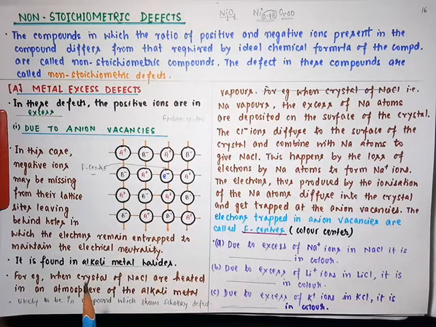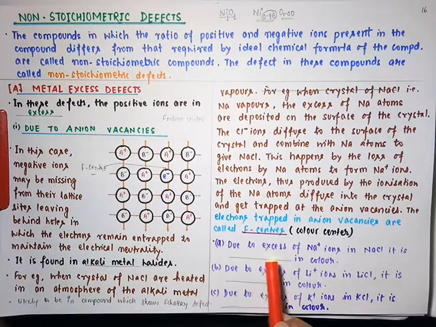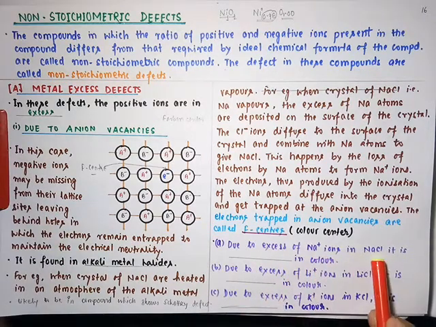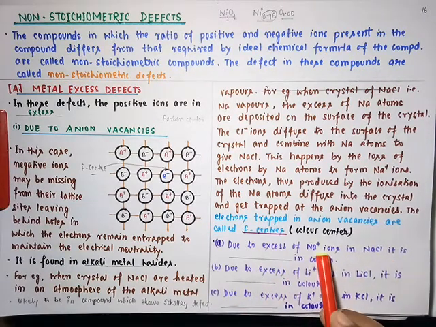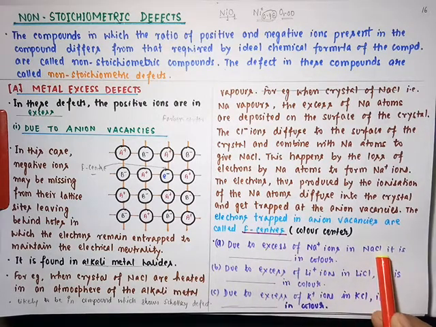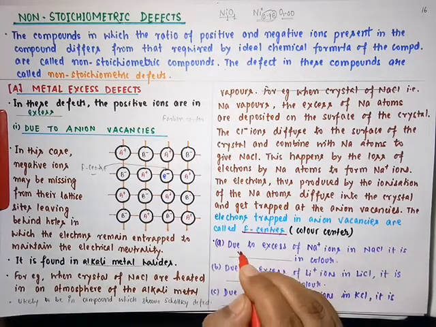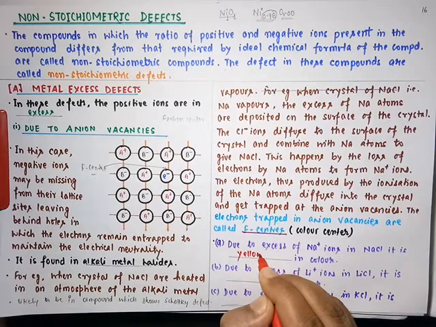So due to excess of Na plus ions in sodium chloride, if we have more number of Na plus ions, meaning thereby we are talking about less number of Cl minus ions, it is yellow in color. Why does sodium chloride get yellow in color when heated?